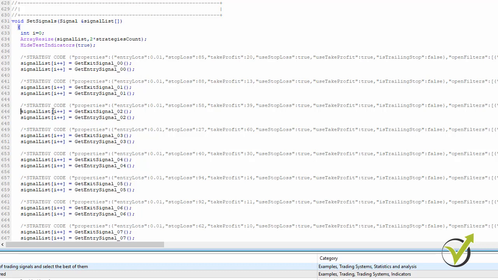The first you can see is get exit signals, and the second one is get entry signals. So if you want your strategy to stop entering the market, to stop opening positions, you can put the 2 slashes in front of this line only.